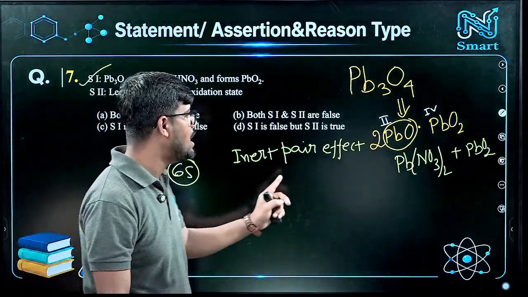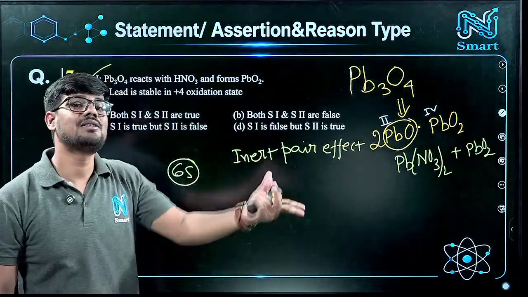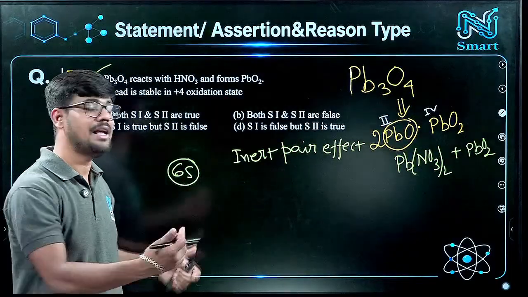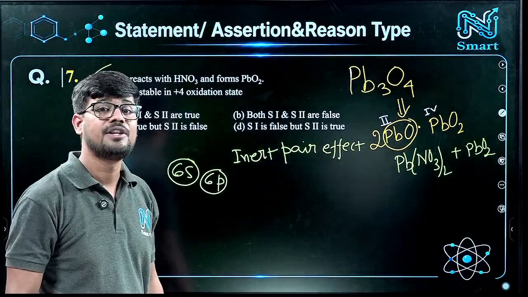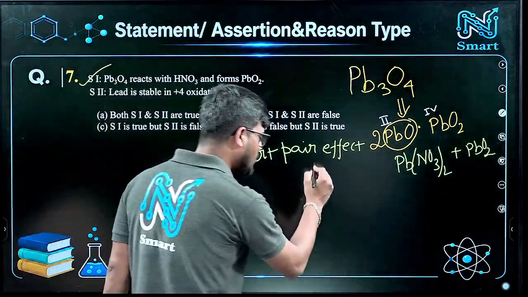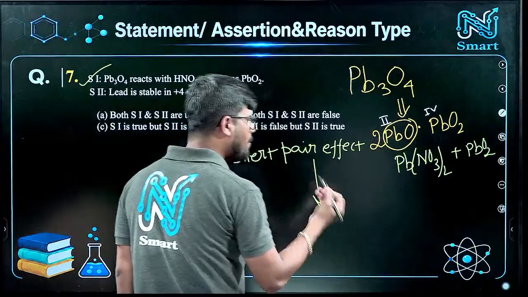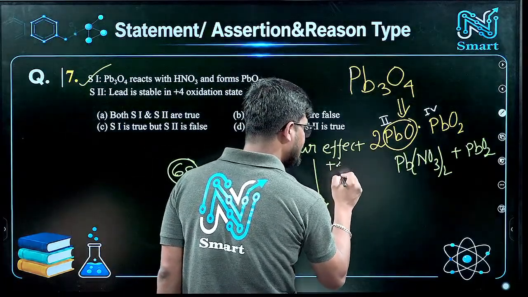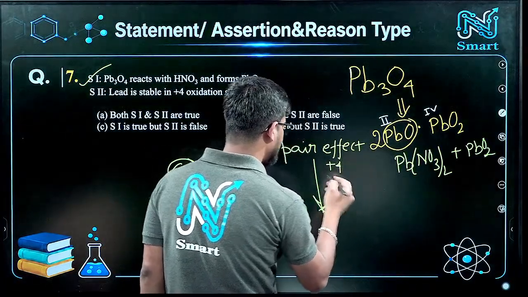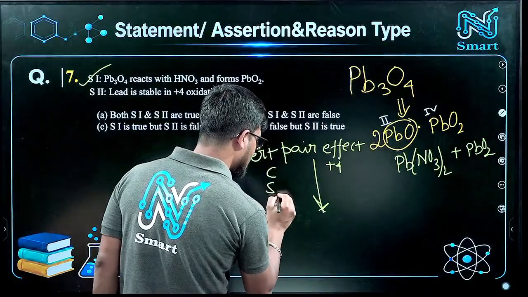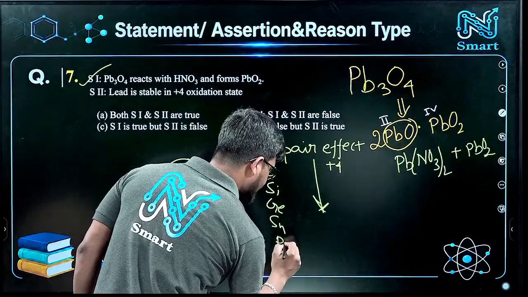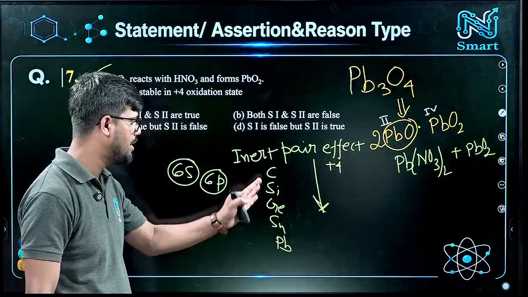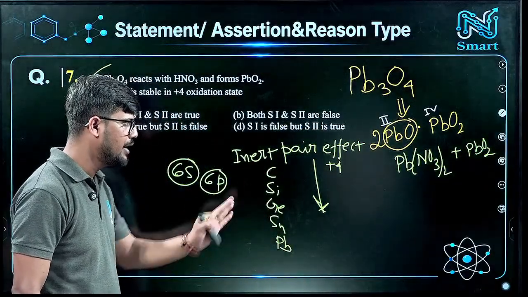Only the 2 other electrons which are available in 6p will be used for bonding. So that's why top to down, +4 oxidation state initially is there: carbon, silicon, germanium, tin, lead. This is our group series.